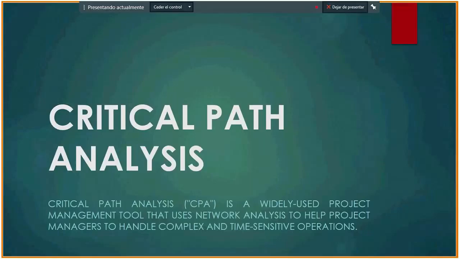Critical path analysis, or CPA, is a widely used project management tool that uses network analysis to help project managers handle complex and time-sensitive operations.